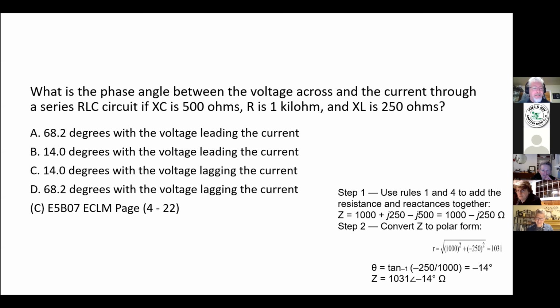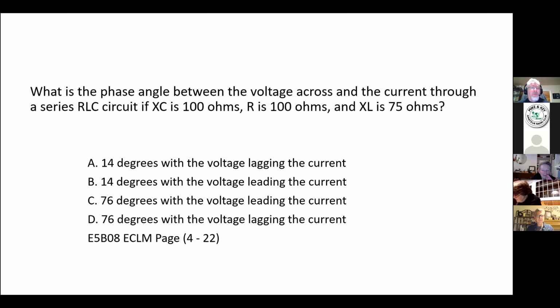So the correct answer was Charlie, 14 degrees with the voltage lagging the current. What is the phase angle between the voltage across and the current through a series RLC circuit if XC equals 100 ohms, R equals 100 ohms, and XL equals 75 ohms? A, 14 degrees with the voltage lagging the current.